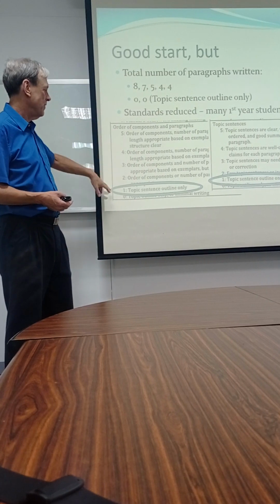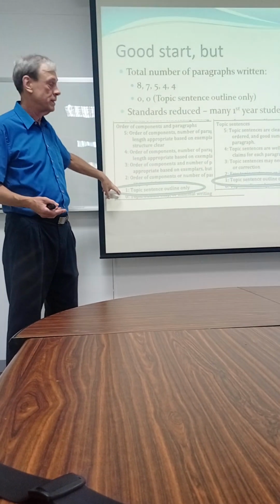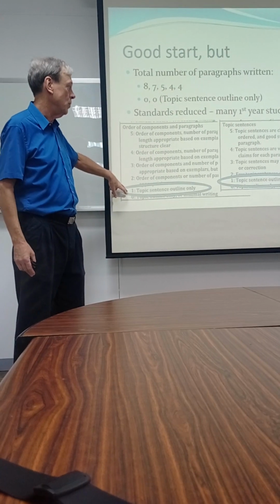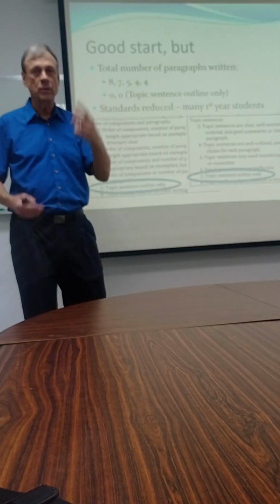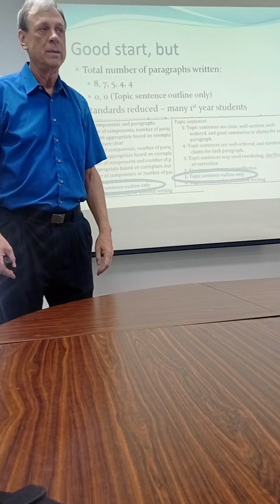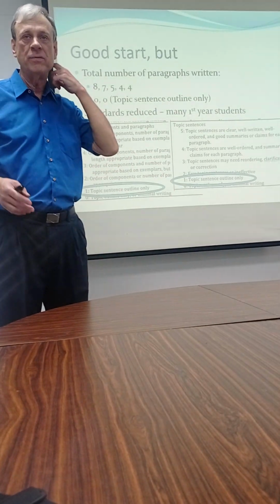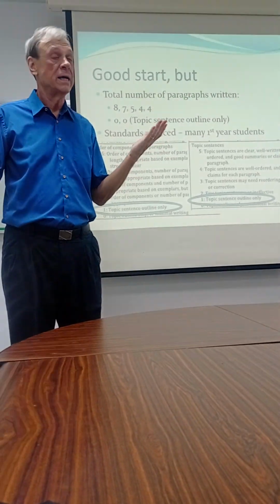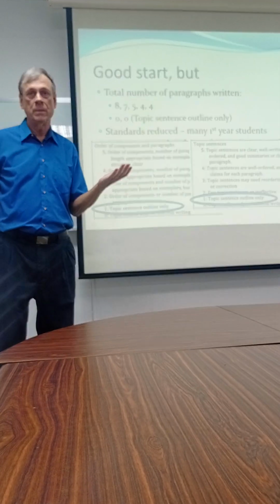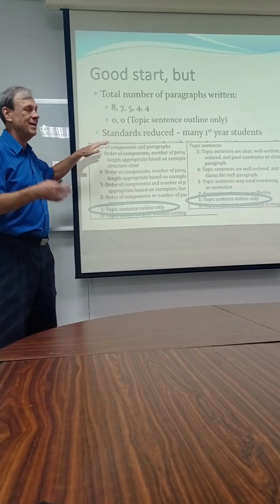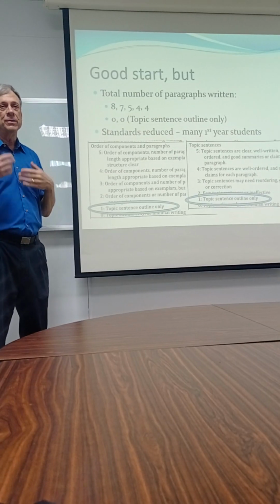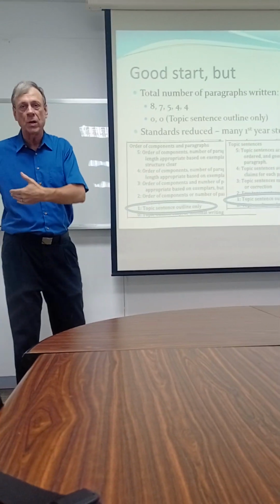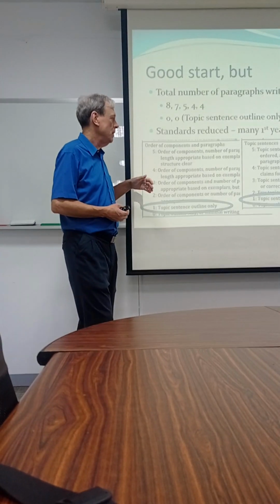And so, if I graded based on the rubric, topic sentence outline only, 2 categories, you only get 1 point. That means that even if everything else is 5, your maximum score is 80, okay? So I said, okay, I can't do that. I know some of you are still trying to figure things out.